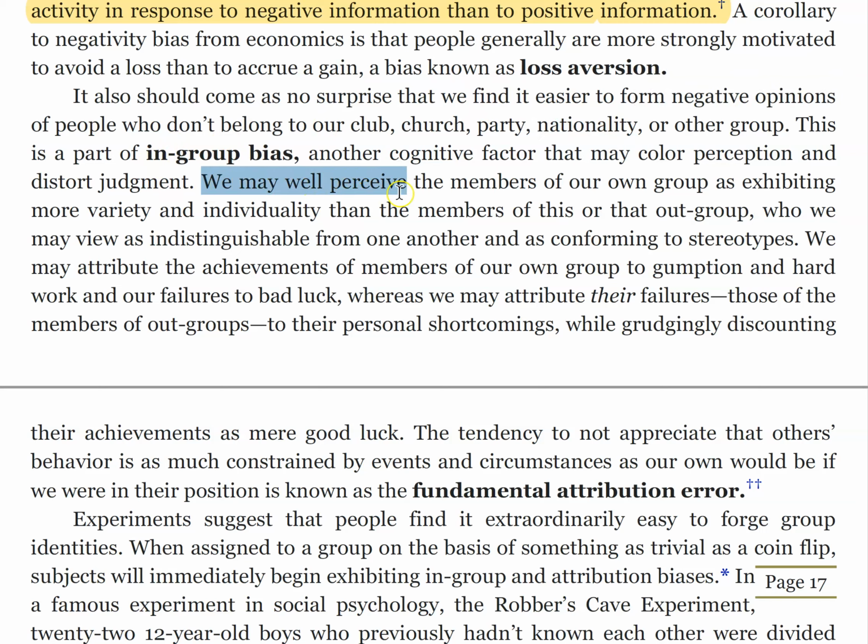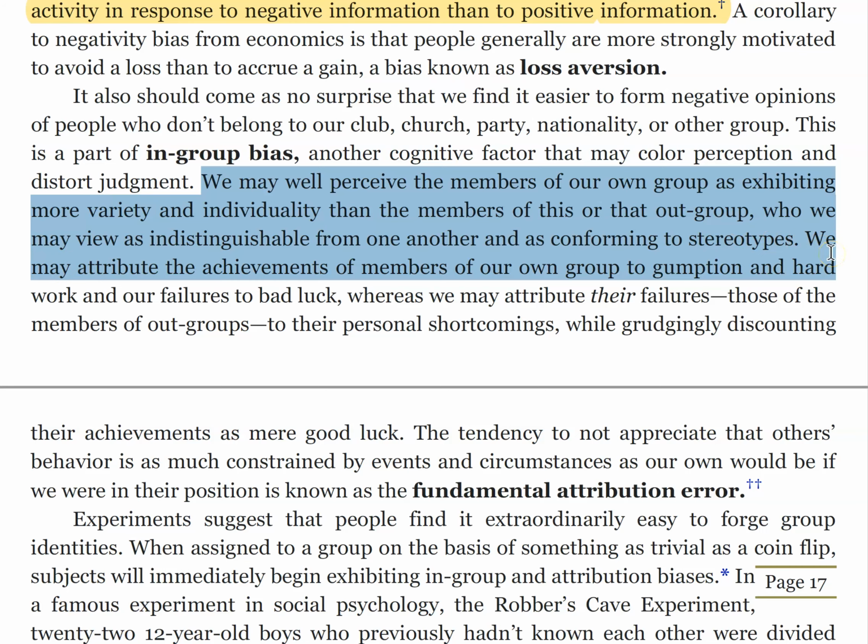settled. So we may perceive the members of our own group as exhibiting more variety and individuality than the members of this or that out-group, who we may view as indistinguishable from one another and as conforming to stereotypes. This one's quite lengthy. We'll get a shorter definition at the end of it, so if you don't want to write this big lengthy one down, you can just leave yourself a blank space.